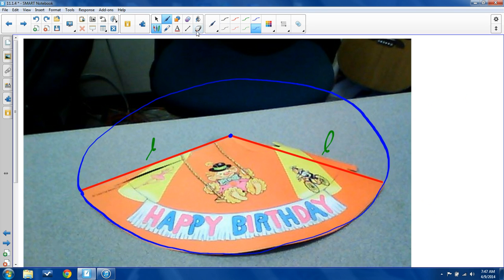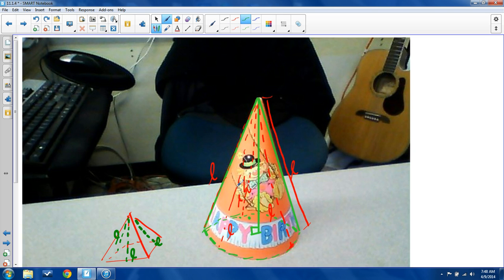So now, I'm going to go and draw this green now. I want to find out what this distance is here. So let's go back and look at this cone before we unfolded it. Now, if you look at the green down here, this whole thing unfolds. Remember, there is information in the back. This whole cone goes all the way around. If I could rotate it for you, I would.